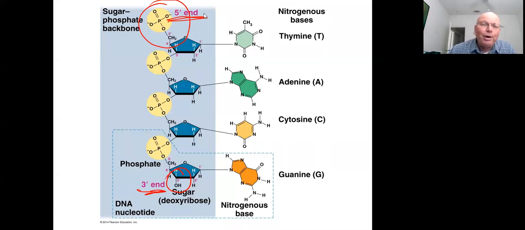And you've got a 5' end. That's where you've got the unmodified phosphate group attached to the 5' carbon of the sugar. And so then you've got this alternating sugar phosphate, sugar phosphate, sugar phosphate that forms the backbone of the polynucleotide, and then the nitrogenous bases point off to the side.